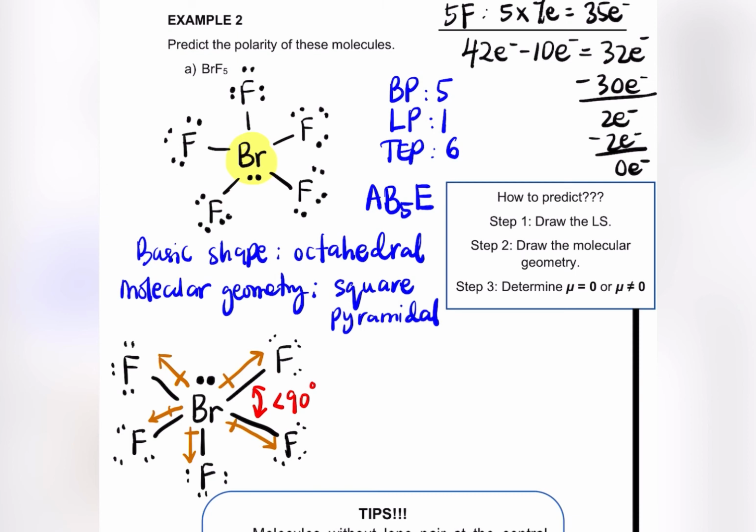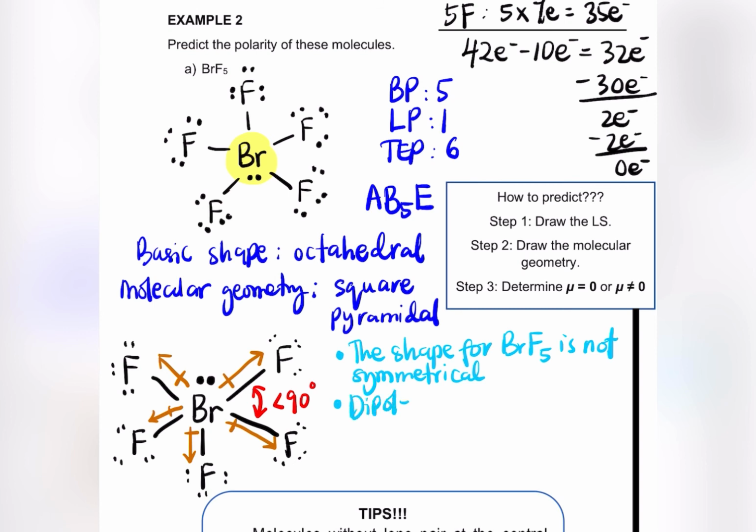Point pertama awak akan tulis the shape for BrF5 is not symmetrical. That is the first point. So due to the shape not symmetrical, so what will happen? Dipole moment cannot cancel out each other.